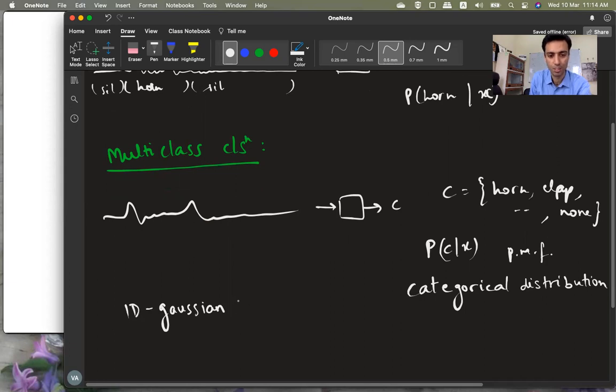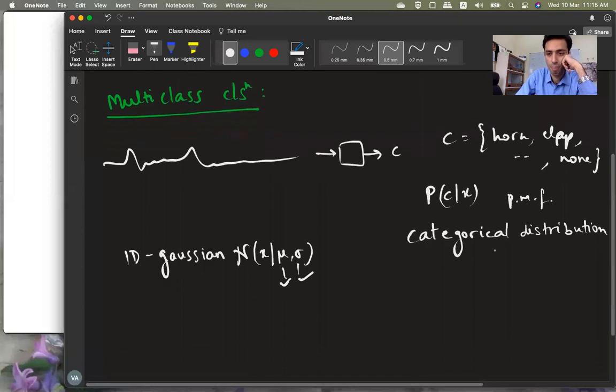One-dimensional Gaussian, normal of X given mu and sigma. How many unknown parameters are there? Two parameters are there, this one and this one. And similarly for this, how many unknown parameters will be there? X is given. X is the input sequence, the waveform.